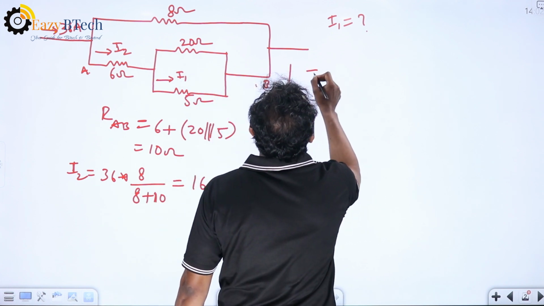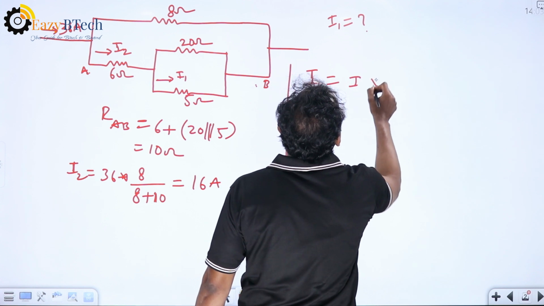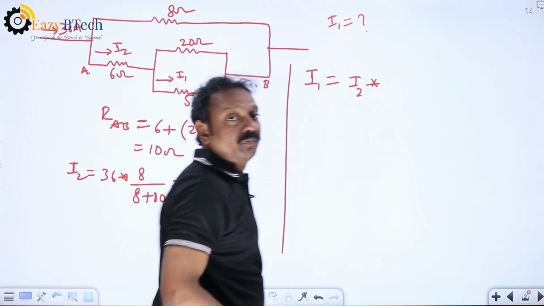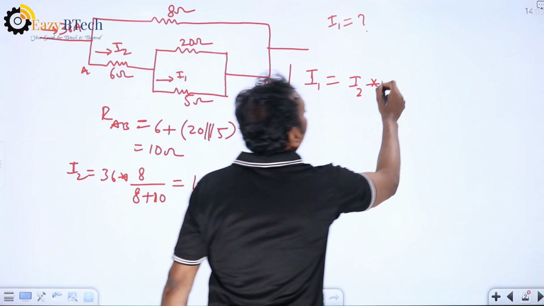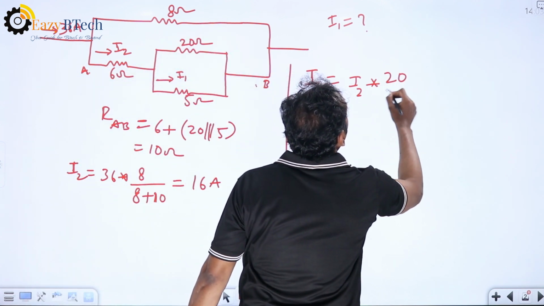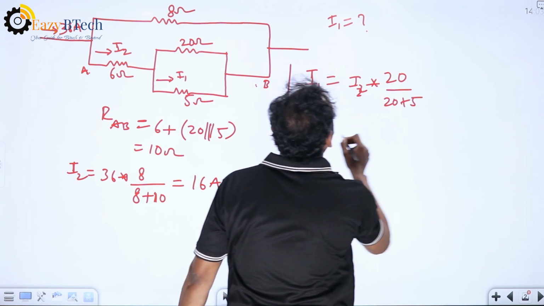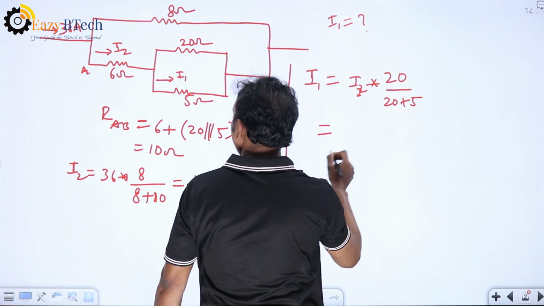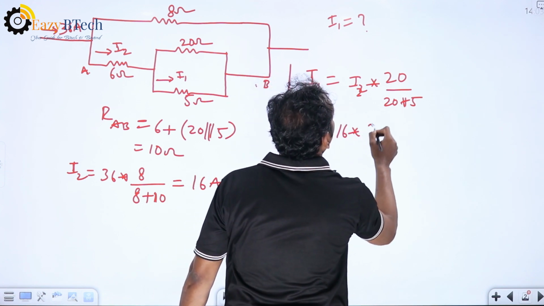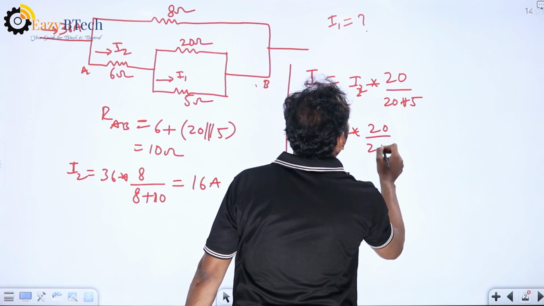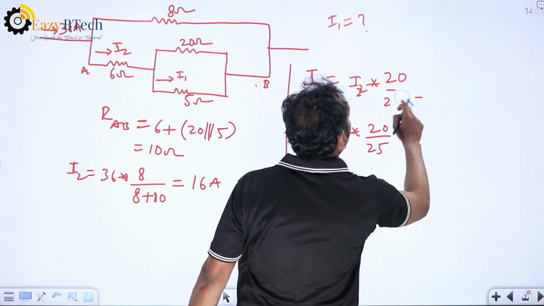I1 equal to total current I2 into opposite resistance 20, divided by the sum of the resistances 20 plus 5. That is I2 value 16 into 20 divided by 25.